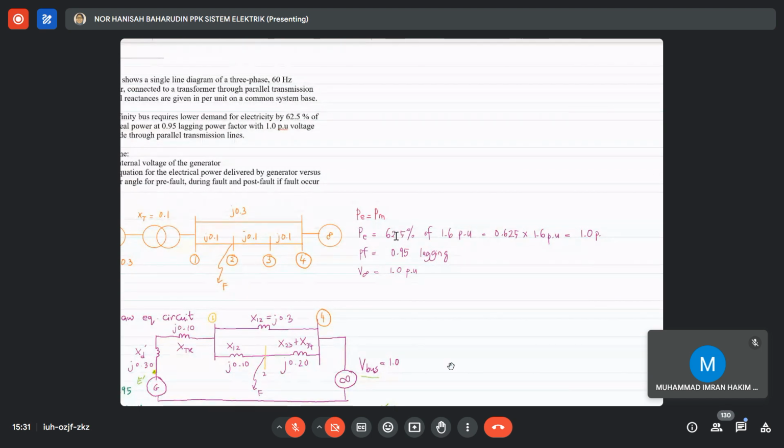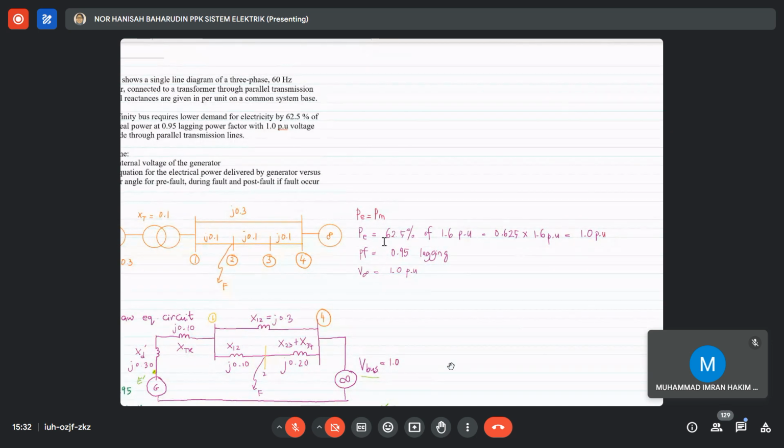So the infinity bus requires only 62.5%. So what is the electrical power that is needed by the infinity bus? You know that the real power is 1.6, but your infinity bus requires only 62.5%. So to calculate the electrical power is 0.625 times 1.6 per unit. You're going to get 1 per unit as well for your electrical power.